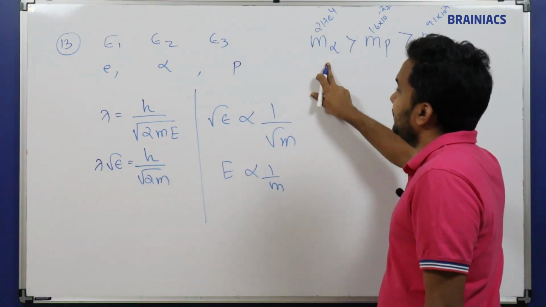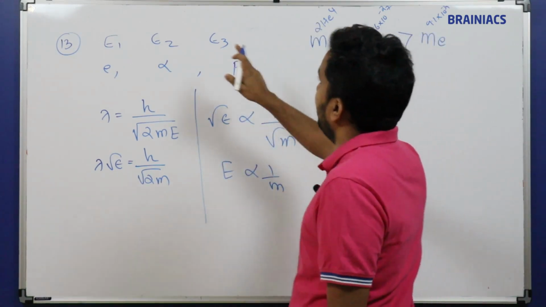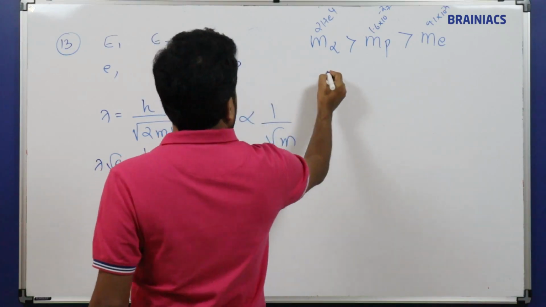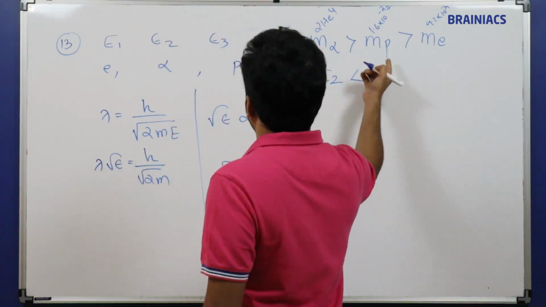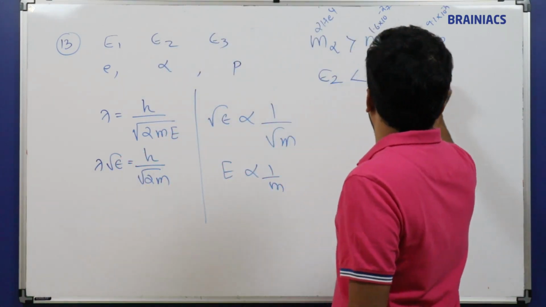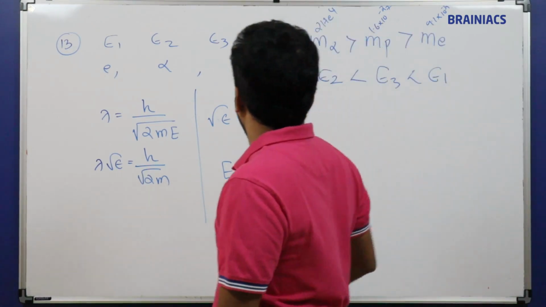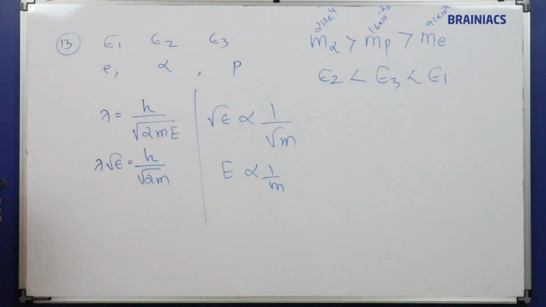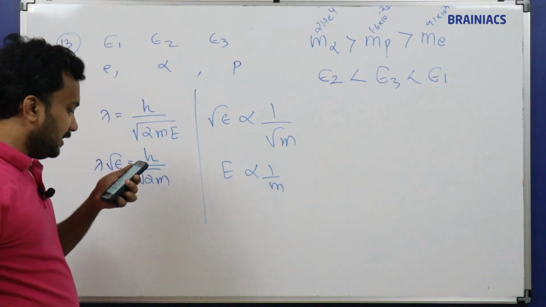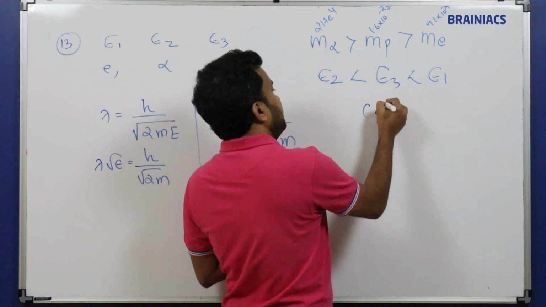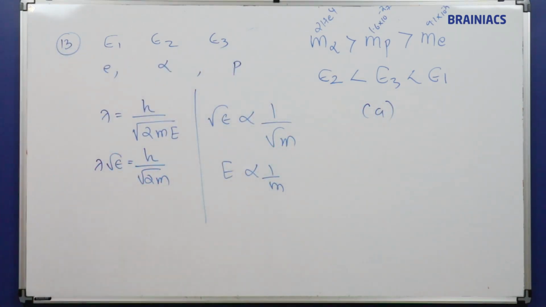So E2 is less than E3, which is less than E1. E1 has the highest energy. Option A is the right answer for question number 13.